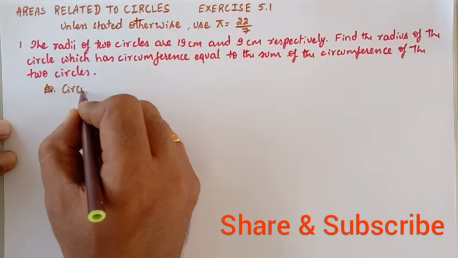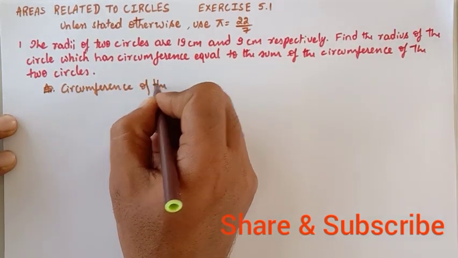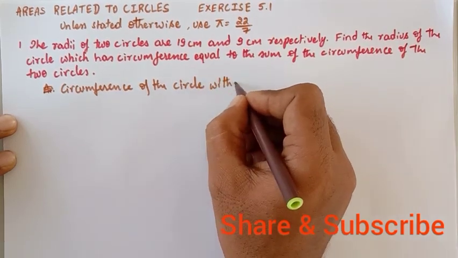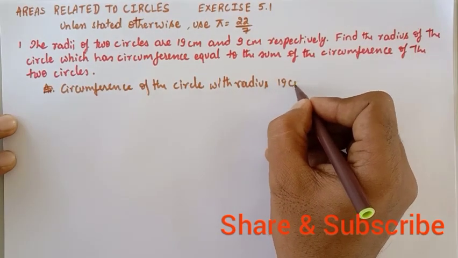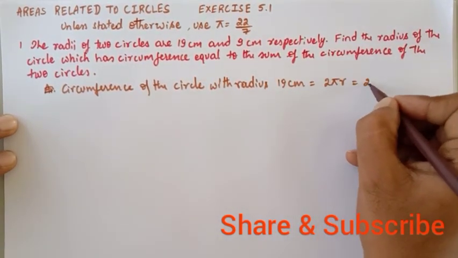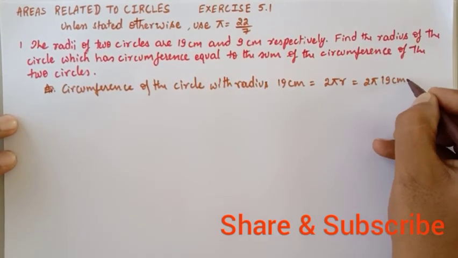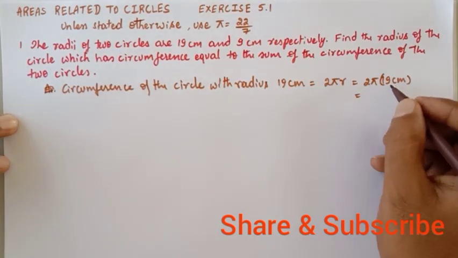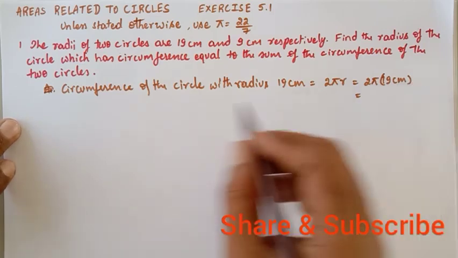Circumference of the circle with radius 19 centimeter is equal to 2 pi r, where r is 19 centimeter. This is equal to 2 pi into 19 centimeter.